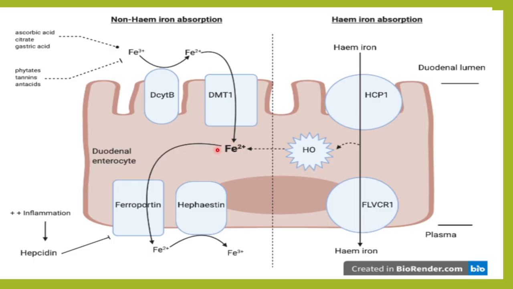Whenever the iron has to come out, it comes out through the ferroportin gate, and this ferroportin is regulated by the hormone hepcidin. Whenever the iron has to be transported via transferrin, it has to be converted to ferric iron again. For this you need something called hepcidin.